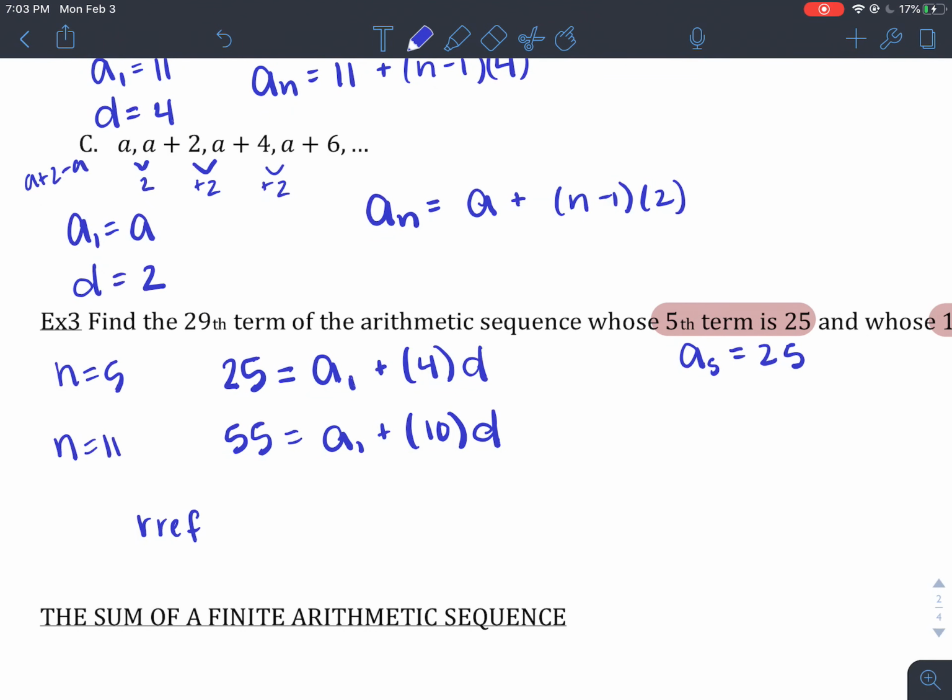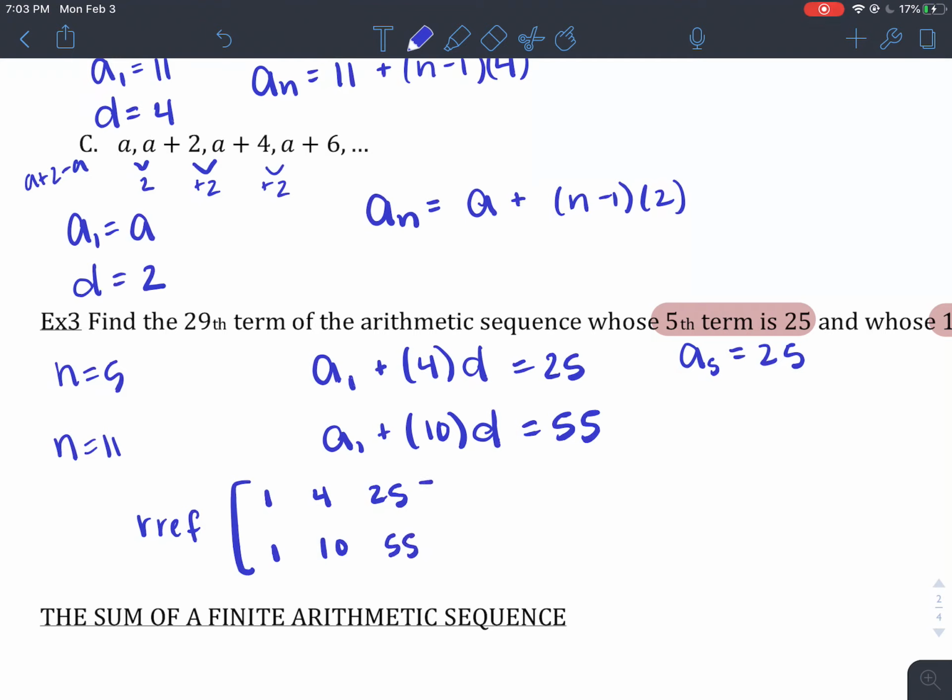So what we can do is put this in matrix form. We can rref a matrix where it goes 1, 4, 25. The constants I'm just moving to the other side, rewriting this as equals 25 and equals 55, just so it's a little more consistent with what we've seen in the past. 1, 10, 55 is that second row.